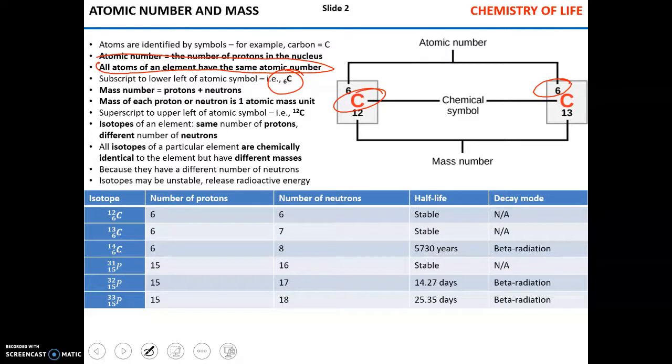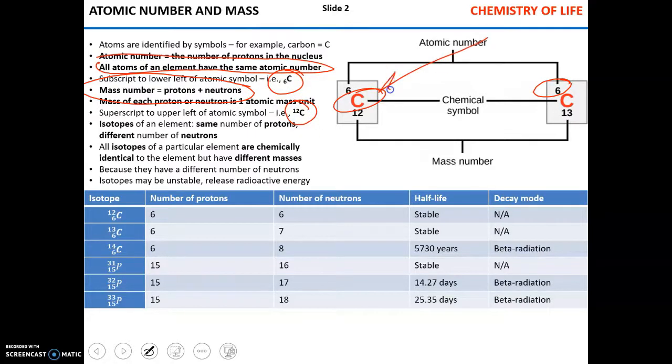A mass number, or atomic mass, is the total number of protons and neutrons combined. The mass of each proton or neutron, as we mentioned, is virtually equal. It's called 1 atomic mass unit, and we write this above carbon.